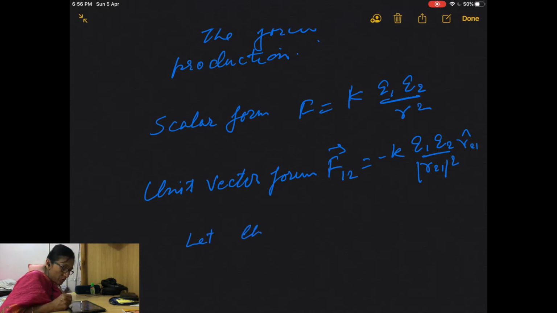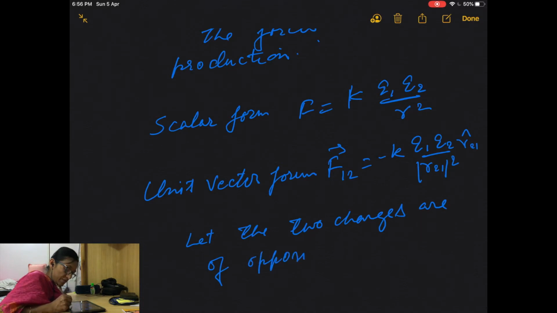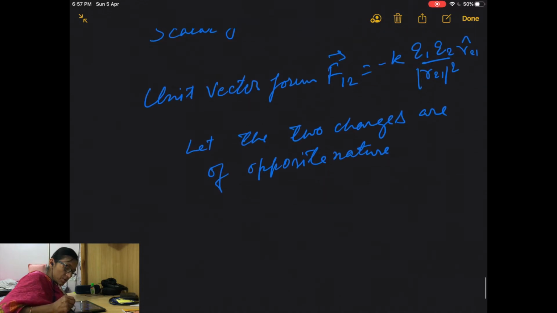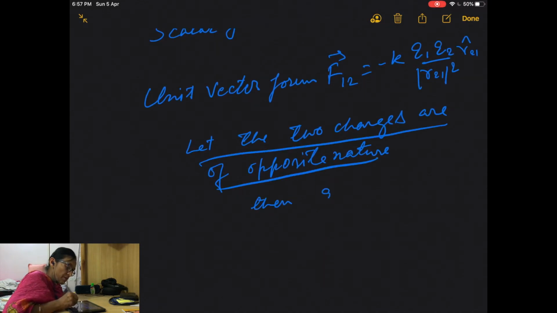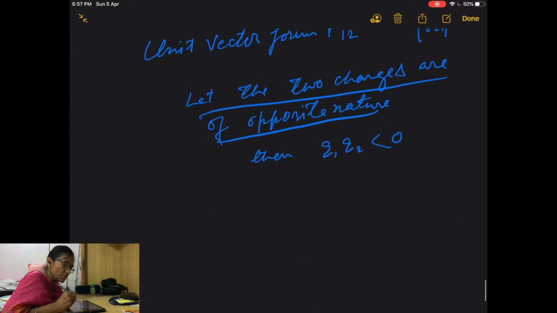But let us suppose the two charges are of opposite nature. Then Q1 into Q2 is smaller than 0.